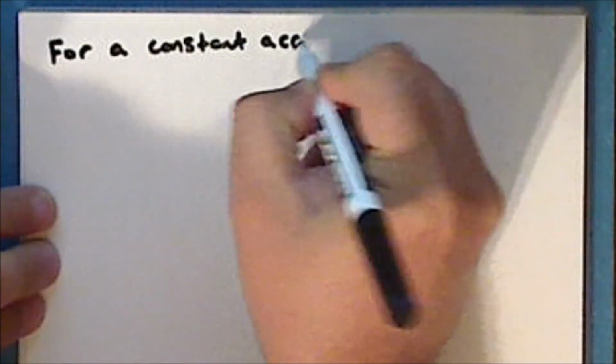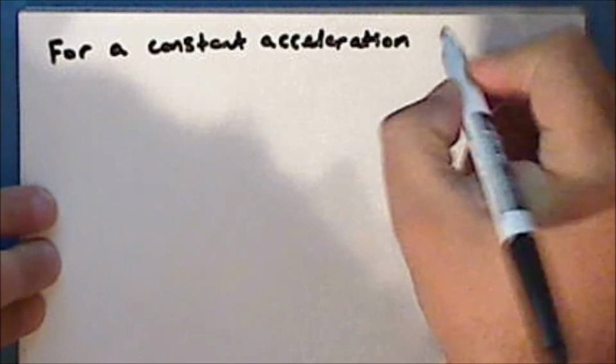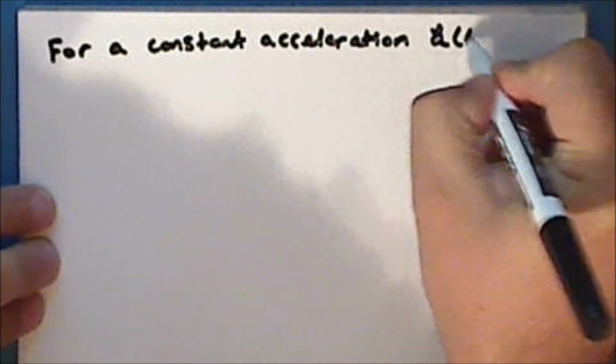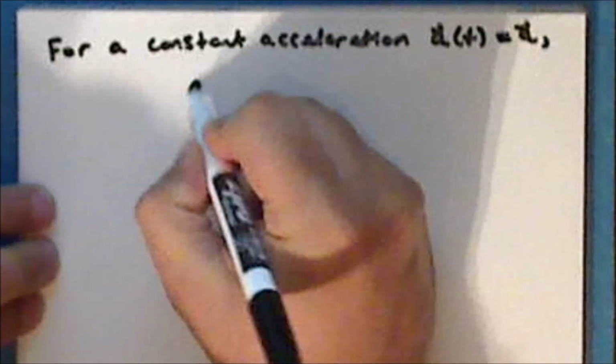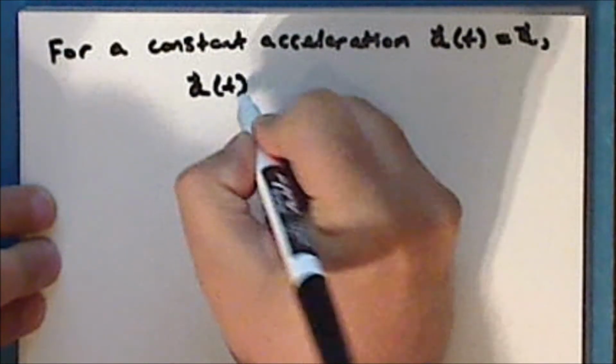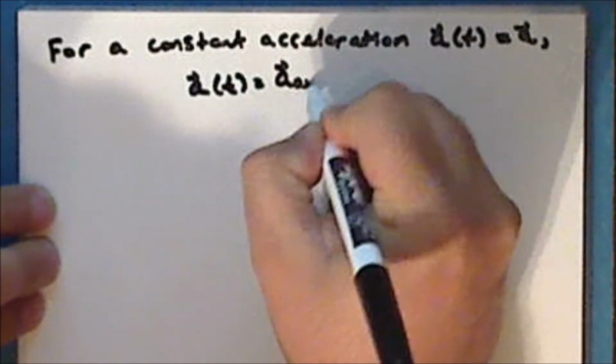Now for a constant acceleration, the instantaneous acceleration is the same as the average acceleration.